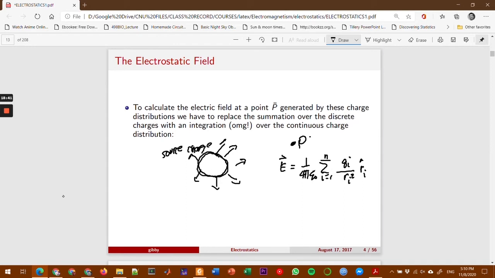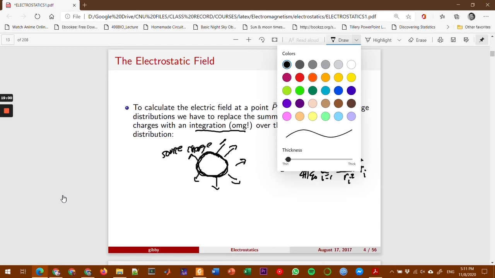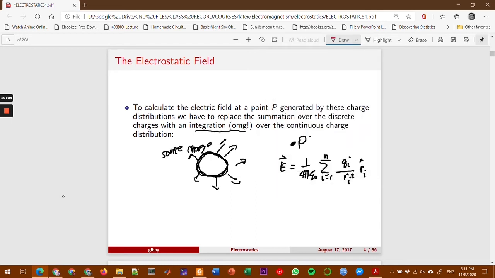It's like this. It's not discrete anymore, but it's a continuous charge distribution. Okay? That's why it says here, replace the summation over the discrete charges with an integration, okay, over the continuous charge distribution. So instead na sum, we know the drill, right?